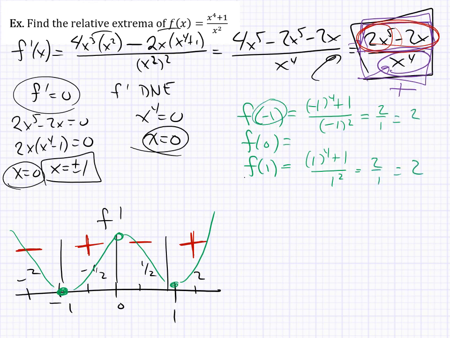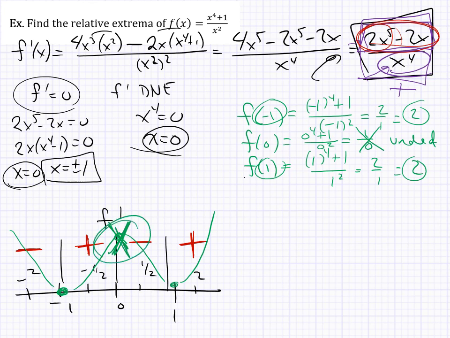So these points exist. Now look at what happens when I plug in 0. 0 to the 4th plus 1 over 0 squared. Well, that gives me 1 over 0. Can't happen. This is undefined. Well, that tells me that this point doesn't exist. Therefore, this point can't be a maximum. But these do exist.